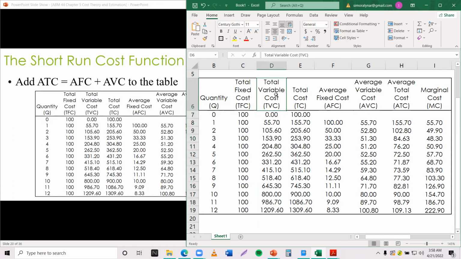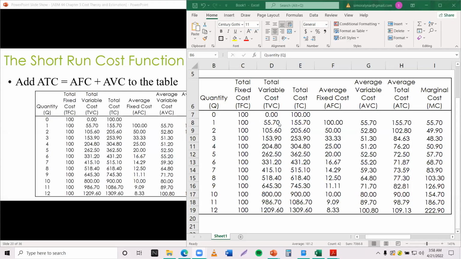Next is total variable cost. Actually, this is given. Our fixed cost and variable cost are always given. These values are a given. So how can we get the total cost?